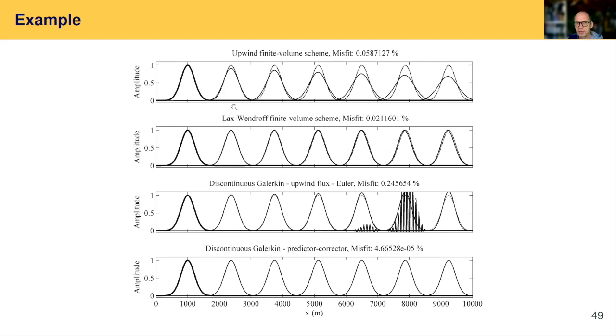A comparison now of finite volume schemes and discontinuous Galerkin schemes. Now, it is interesting, and we've not talked about this. So what you see here is basically you give an initial condition and you propagate it to the right. So this is a superposition of many time steps. Okay, so don't get this wrong.